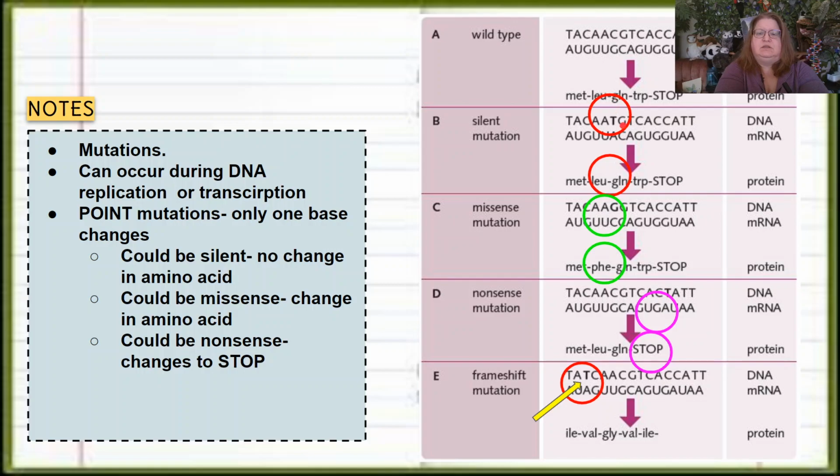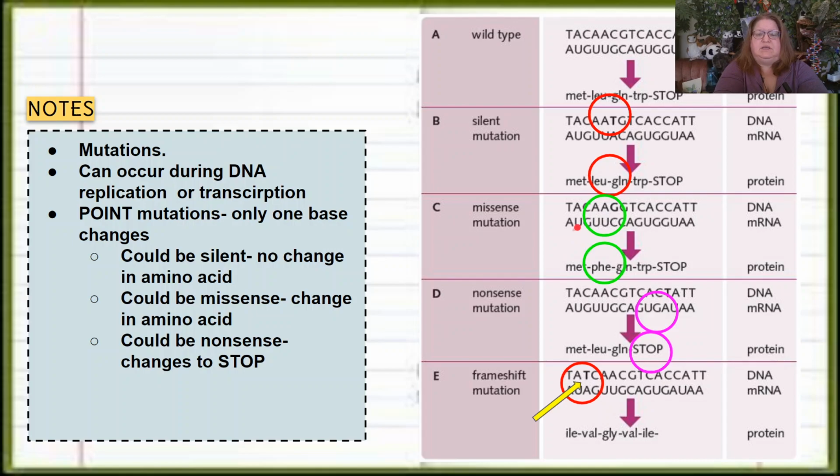So a silent mutation simply means that while we have a difference in the DNA, the amino acid doesn't change. Keep this in mind when we take a look at the genetic differences in animals and plants. They might have slightly different DNA, but their proteins might be the same, and that's because of the silent mutations.